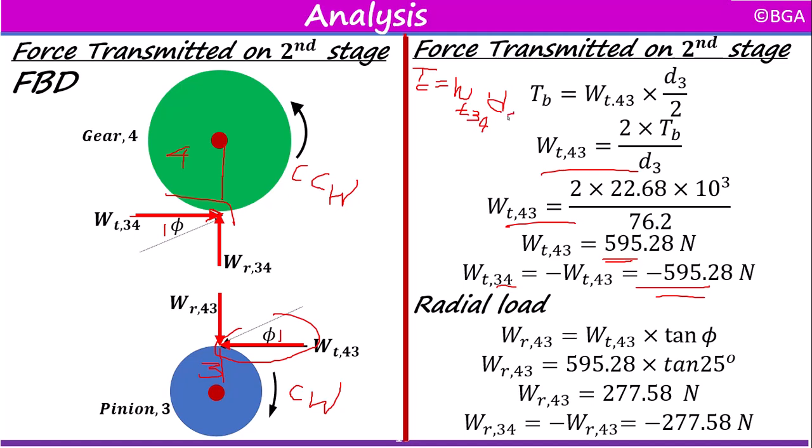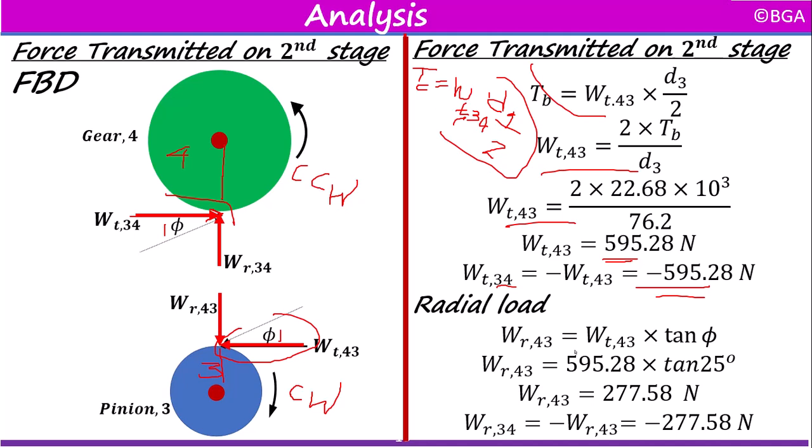From this also, you can calculate the value of the force transmitted to gear 4, that means the force applied by gear 3 on gear 4. So whether you use this one or this one, you finally get the same answer.